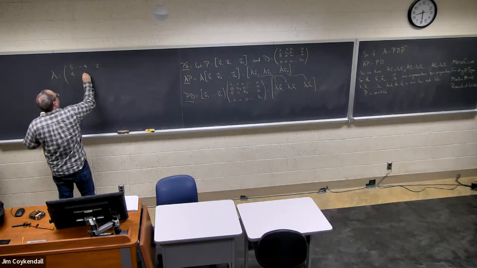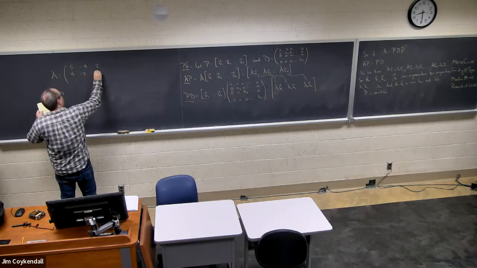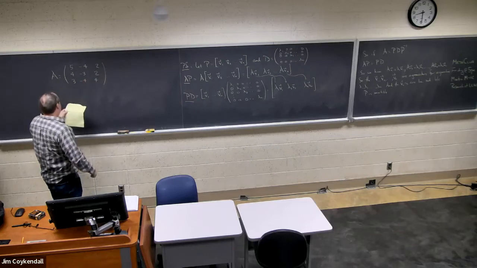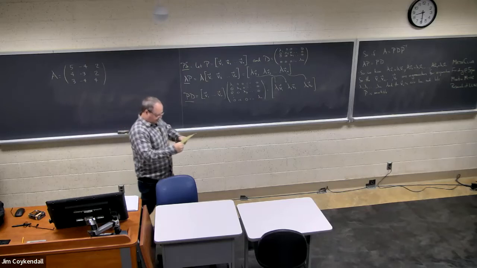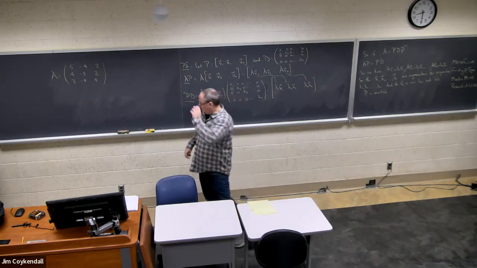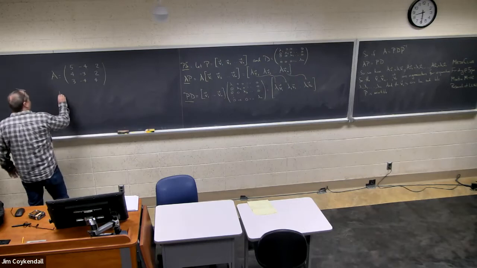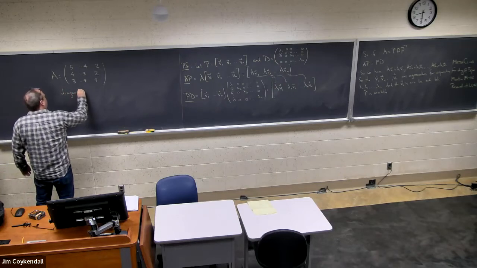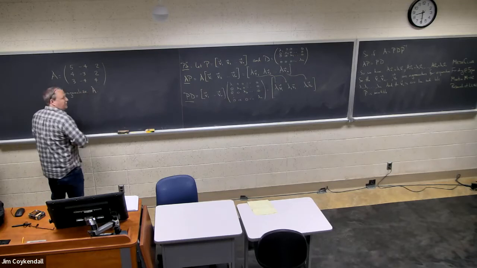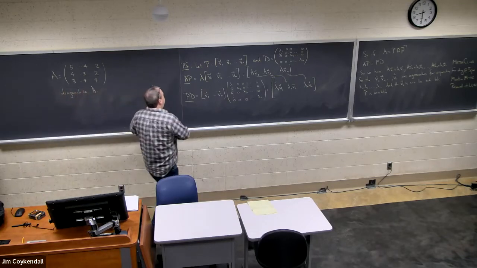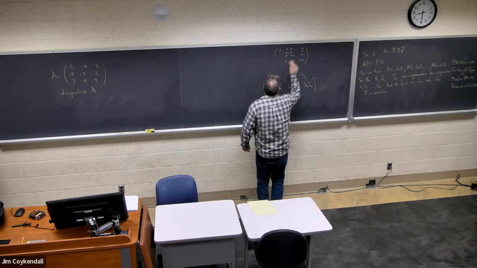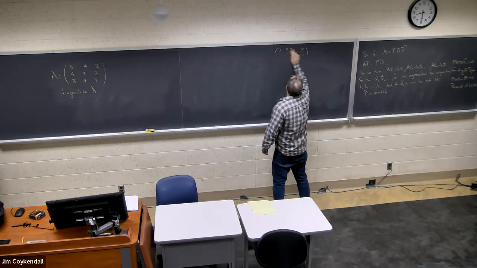It was this problem. My instructions here: diagonalize that. I want to follow the recipe of what I wrote down. So the first thing I'm going to do is find the eigenvalues and the eigenvectors.